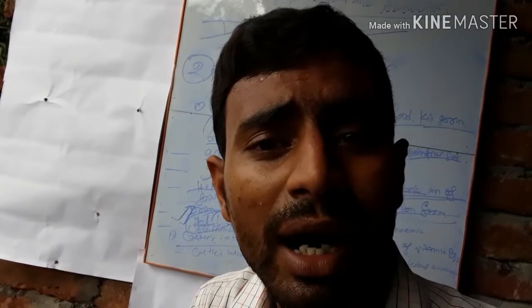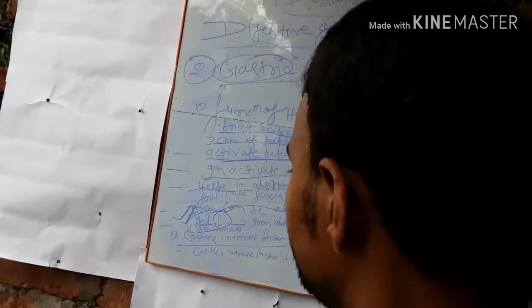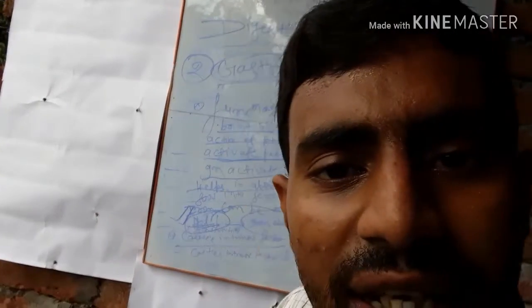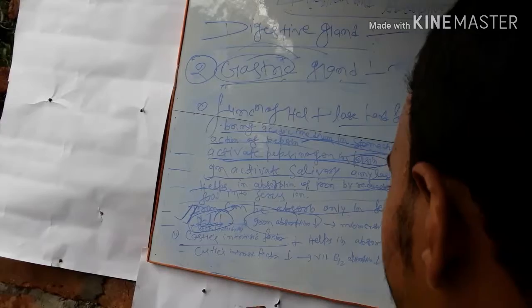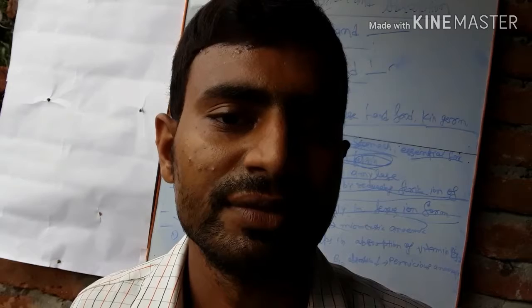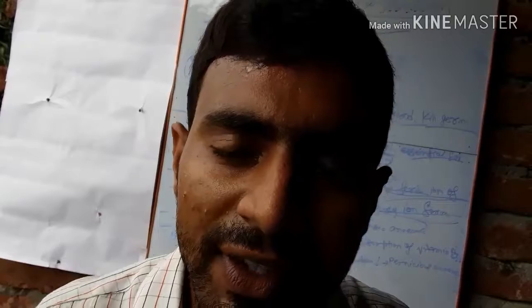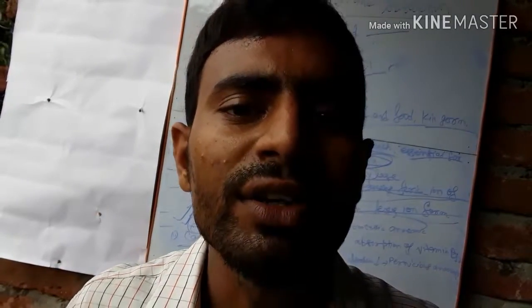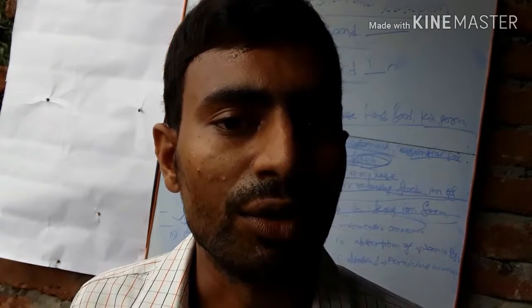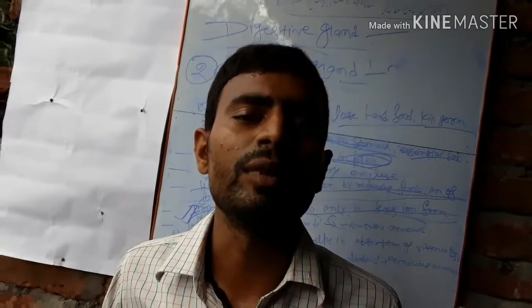If ferric ion is not converted into ferrous ion, how will it be absorbed? So if HCl decreases, iron absorption decreases, and then microcytic anemia will happen.